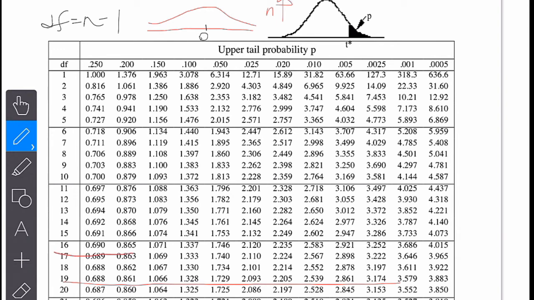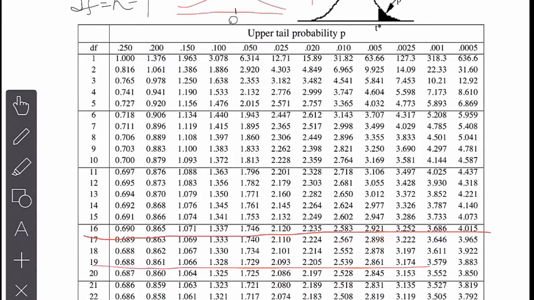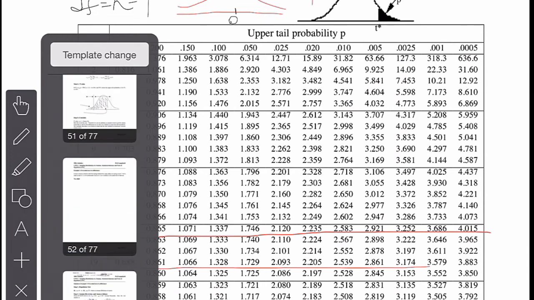So among these options here, look for 0.005. Oh, now I can't remember if it was 0.0005. I think it was, right? Anyway, so it's either 2.921 if it was 0.005, or 4.015 if it was 0.0005, and I can't remember which one it was. So let's see. I'll just look for the answer in my options.